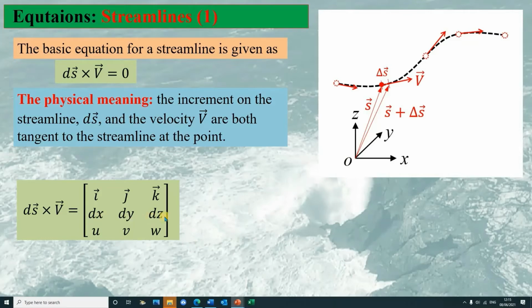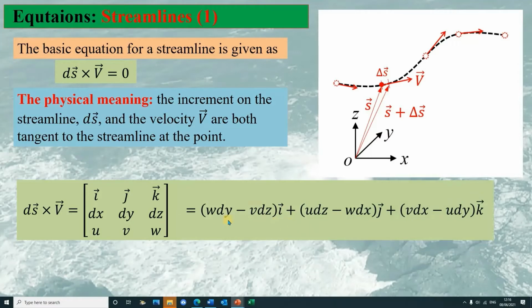And the dx, dy, dz in the second row are the components of the vector ds. And in the third row, u, v, w are the components of the velocity vector v along the three coordinates. So when we calculate, this would be given as this.